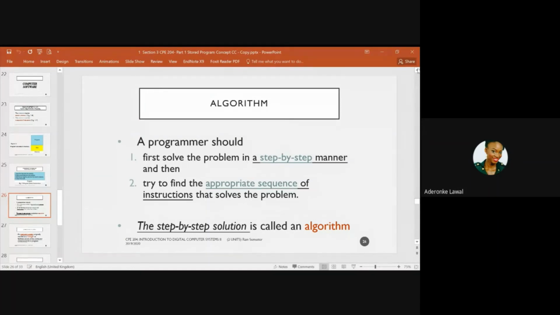If I ask you to write a program that will do this and this and this, the first thing you should be thinking is, okay, this is the problem I need to find a solution to. What are the steps that are going to be involved in finding a solution to this problem? That's the first task.